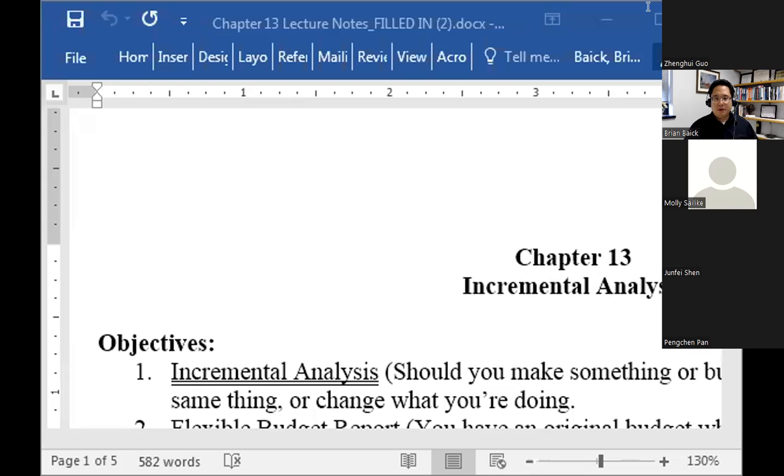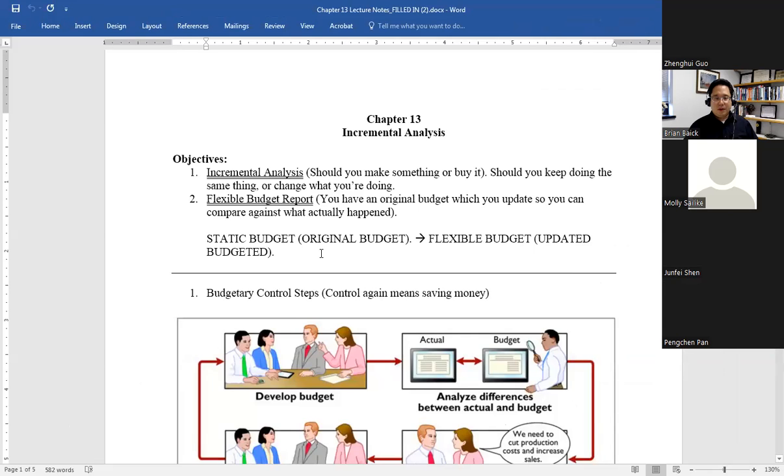Okay, can somebody tell me in the chat, what is the difference between a static budget and a flexible budget? What is a static and a flexible budget? Why are they important? Does anybody want to type in the chat what they think?